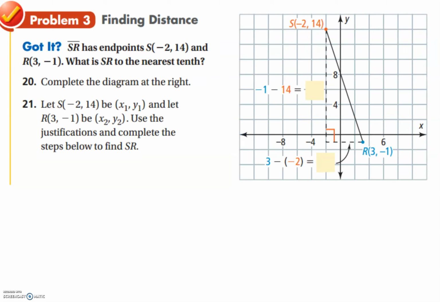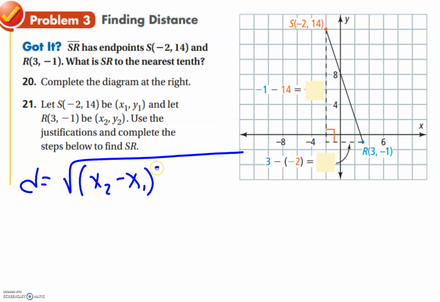Okay, so here is a question. It wants us to solve for the distance. We have our x1, y1s. The distance formula is the square root of x2 minus x1 squared plus y2 minus y1 squared. So we're just going to plug in.